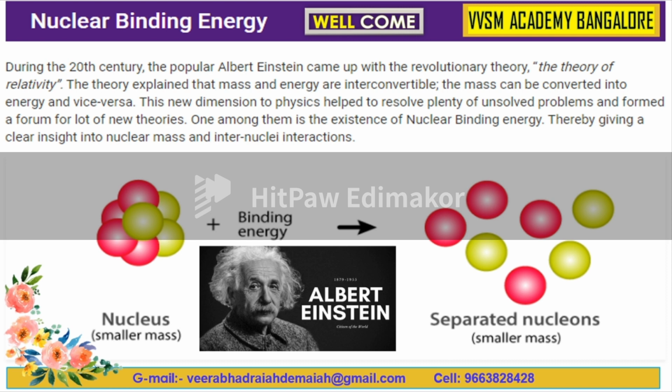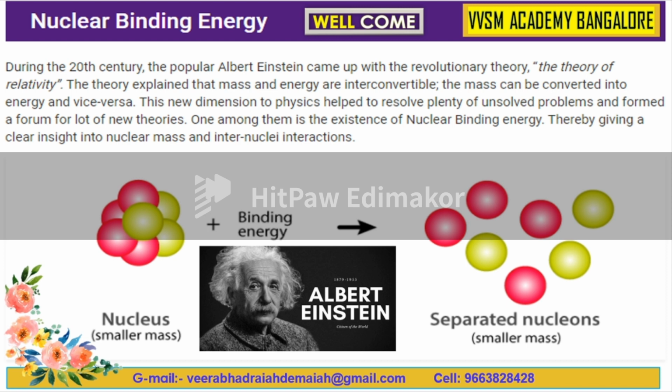During the 20th century, the well-known scientist Albert Einstein, a unique scientist in nuclear physics, came up with the revolutionary theory of relativity.